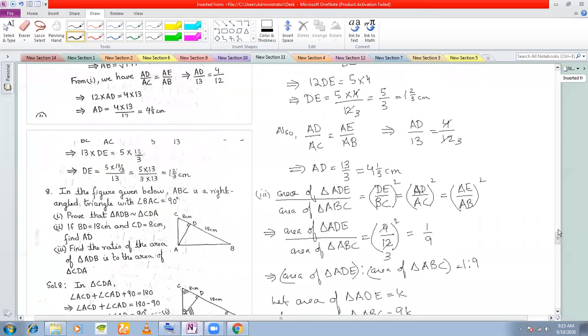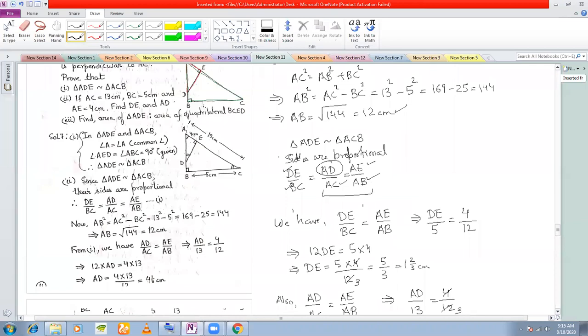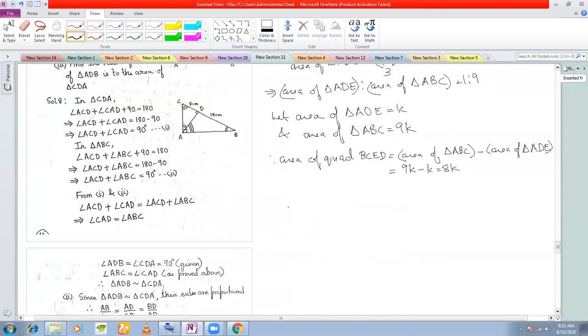So what is the ratio of the areas? You need to find the ratio of area of triangle ADE is to area of quadrilateral BCED. So area of triangle ADE, now let's write the ratio. Therefore, area of triangle ADE divided by area of quadrilateral BCED is equal to area of triangle ADE is K and area of BCED is 8K.